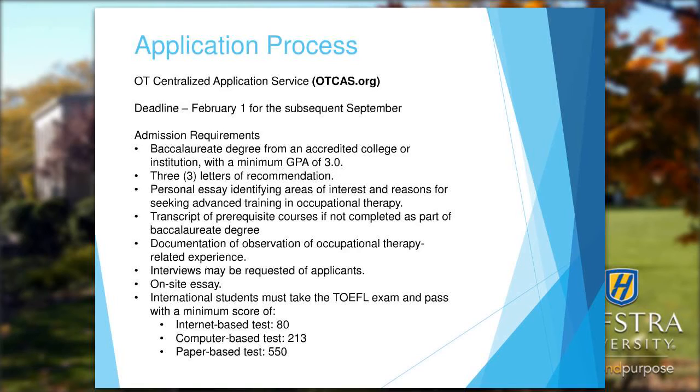There are also some prerequisite courses. The prerequisite courses can be in progress, but must be completed before the program begins. There's an interview process, and there is an on-site essay.